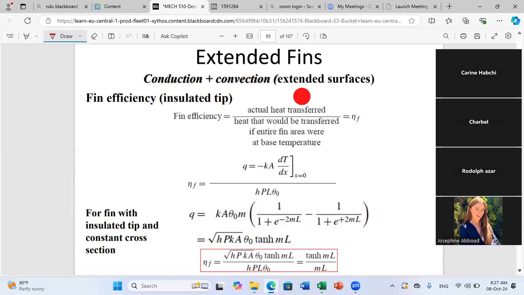Okay, so the fin efficiency can be defined as the actual heat transfer over the heat that would be transferred if the entire fin area were at base temperature. What do we mean by this? This is the base of your fin, okay? Why can the fin help you to evacuate heat? Because it should have high conduction.